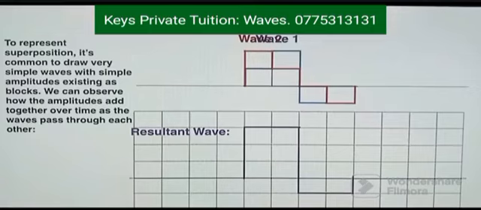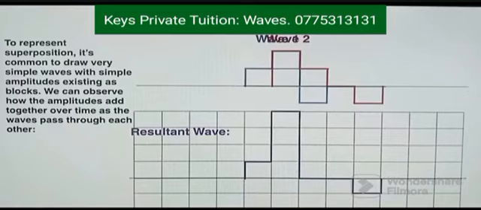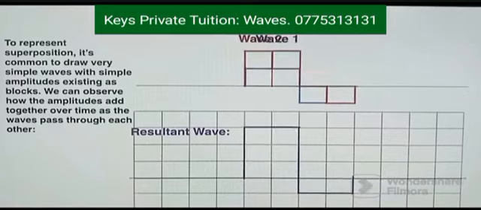So what has happened now, if you follow this, the largest amplitude for wave number 2, as it gets into that region, wave 1 has an amplitude of +1. So we now have +1 + 2, and the total amplitude in the resultant wave there is +3.